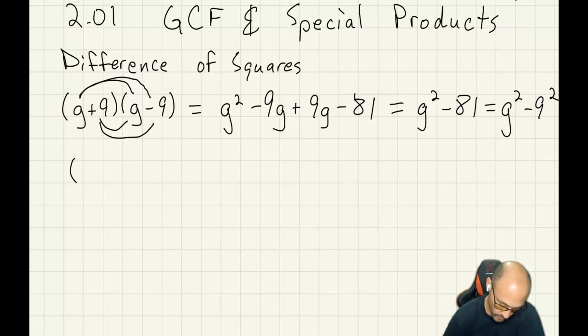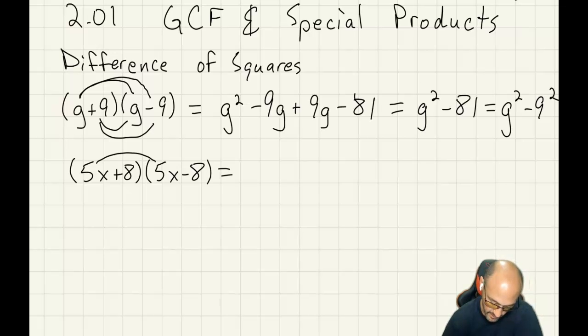And here we'll do 5x plus 8 times that quantity 5x minus 8. And again, firsts, 5x times 5x is 25x squared. Outers, 5x times negative 8 is negative 40x.